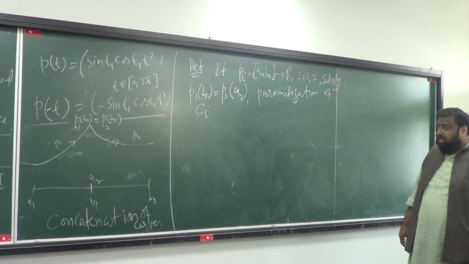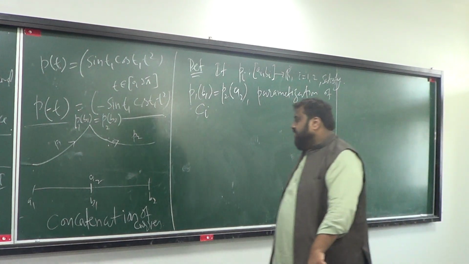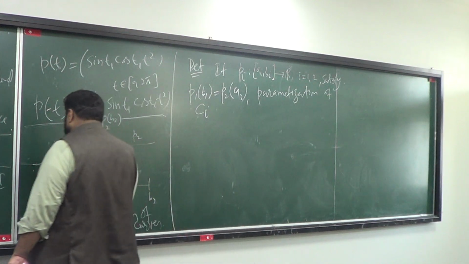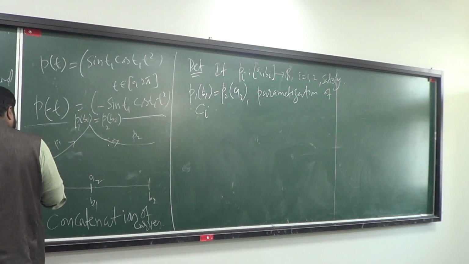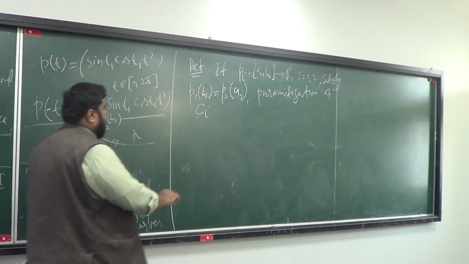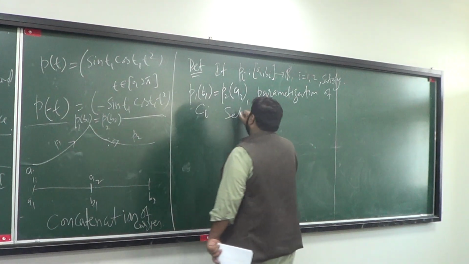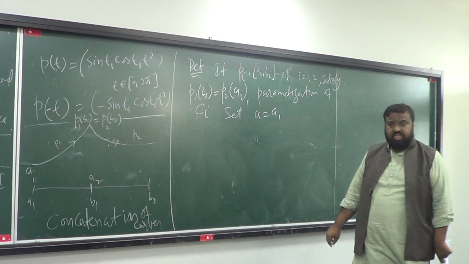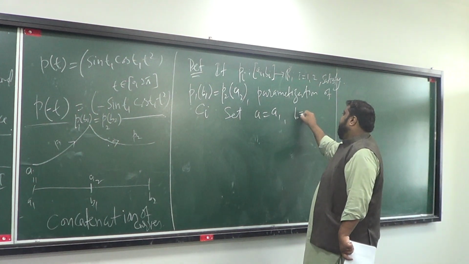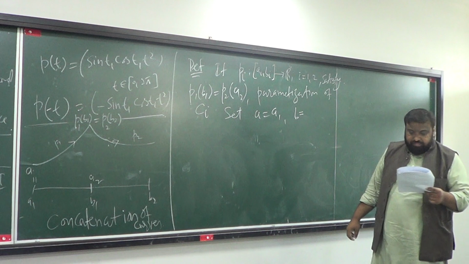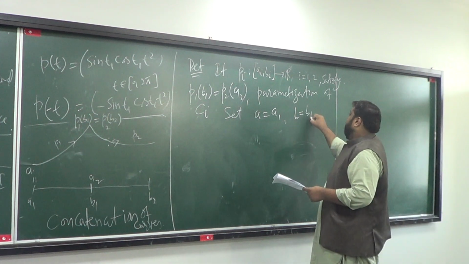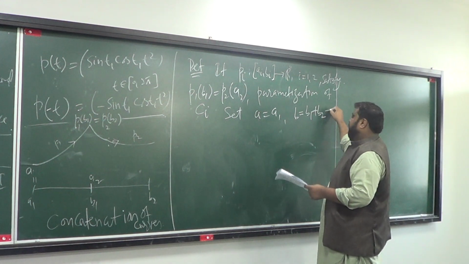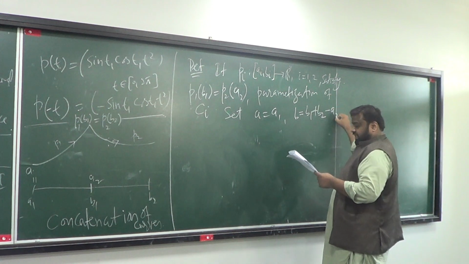Now I would like to give this endpoint a name, A. So set A to be A1, and B to be B1 plus B2 minus A2.